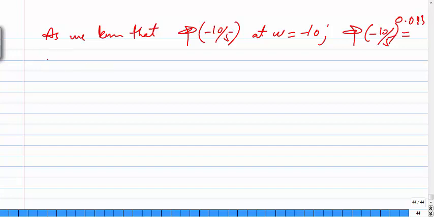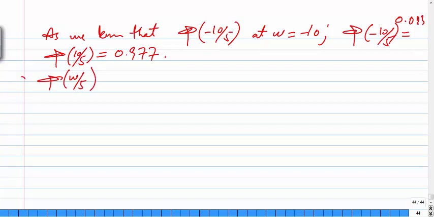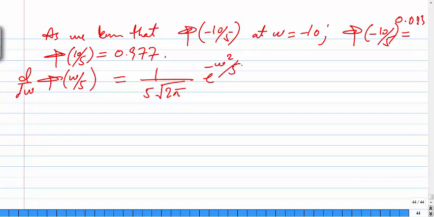Similarly, phi at 10 divided by 5 is equal to 0.977. For the remaining range, I have to take the derivative of the standard Gaussian, phi of w over 5, which comes out to be 1 over 5 root 2 pi times exponential of minus w squared by 50.